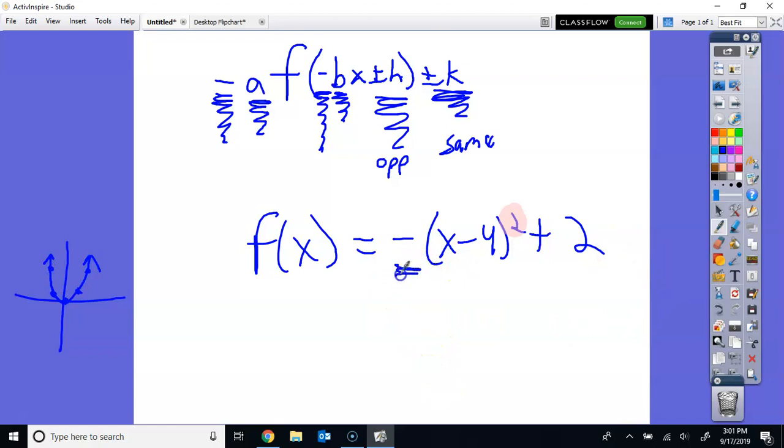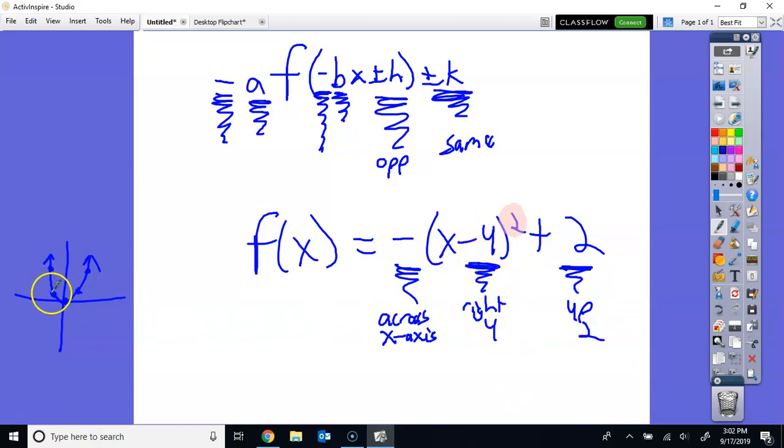But what is this going to do? It's going to flip it upside down across the x-axis. What is this going to do? It's going to move it to the right 4 spaces. What is the plus 2 going to do? It's going to move it up 2. Just don't forget the opposite of the things on the inside.